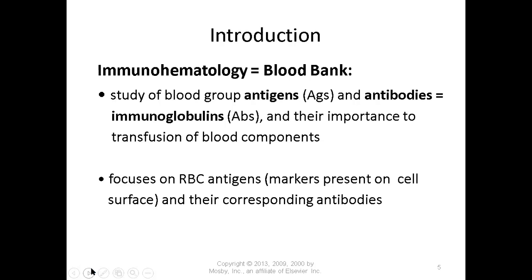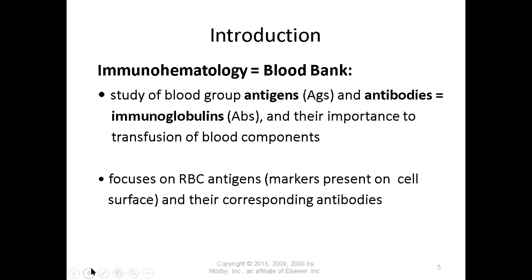In the blood bank, we study blood group antigens, which will be abbreviated as capital AGs from now until the end of the class, and antibodies or immunoglobulins, which will be abbreviated as capital ABs, and their importance to transfusion of blood components.